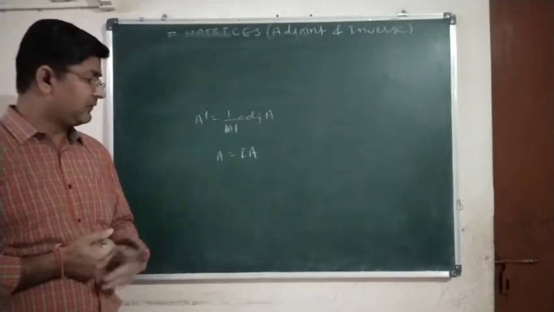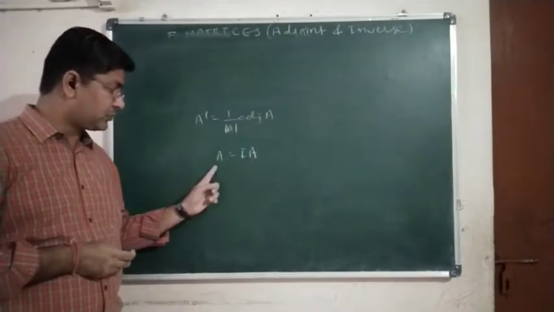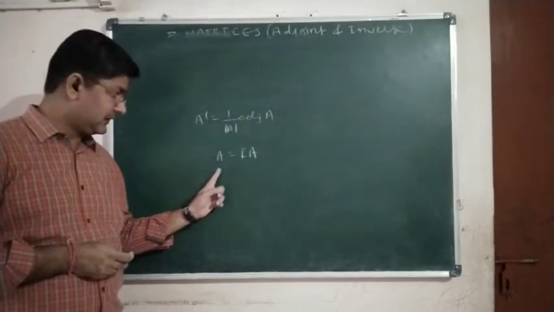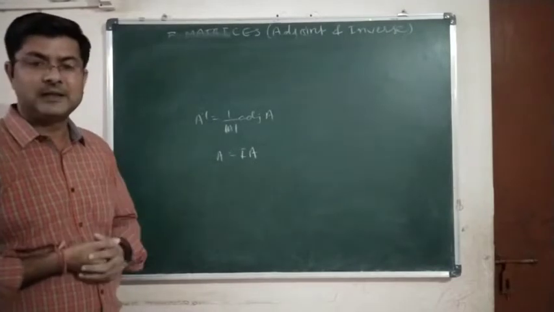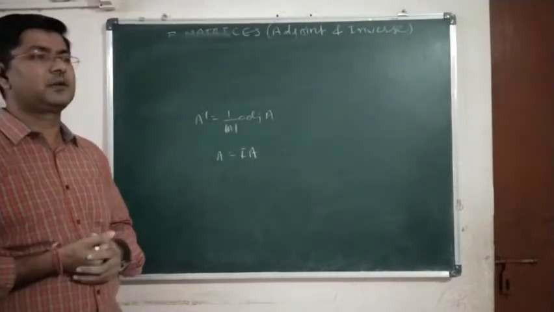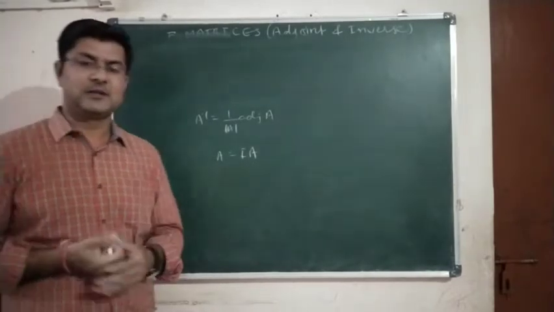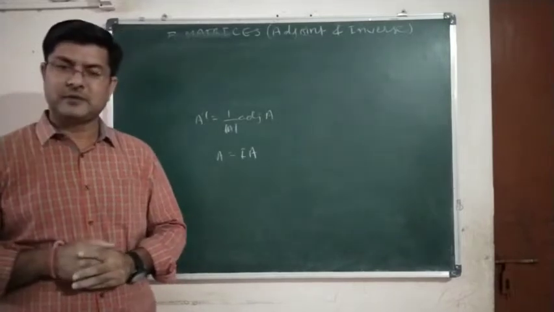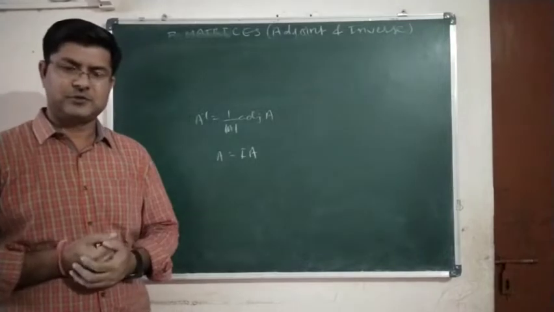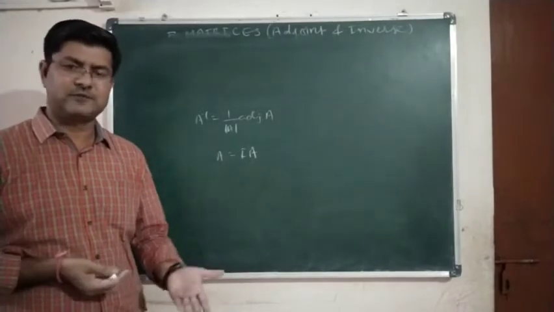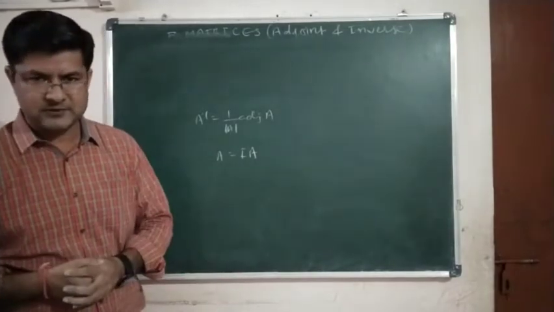Here we have to bring the unit matrix, and the identity matrix will be transformed into A inverse, using the elementary row transformation. Now elementary transformations are actually of two types: elementary row transformation and elementary column transformation.